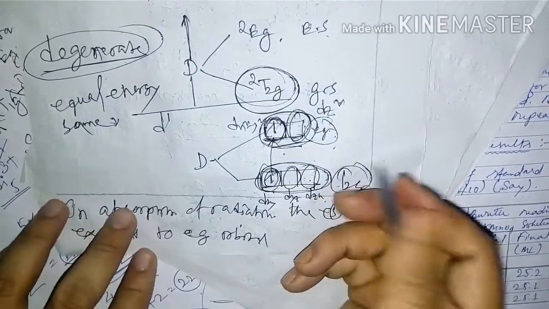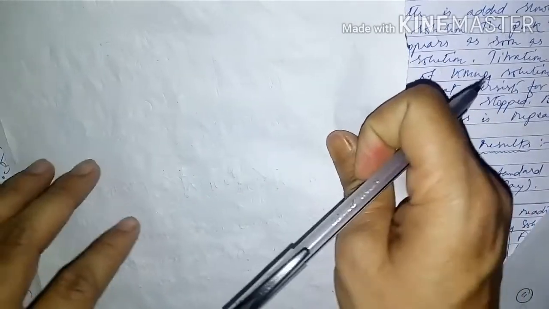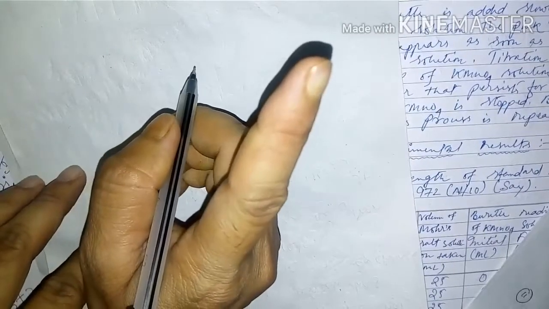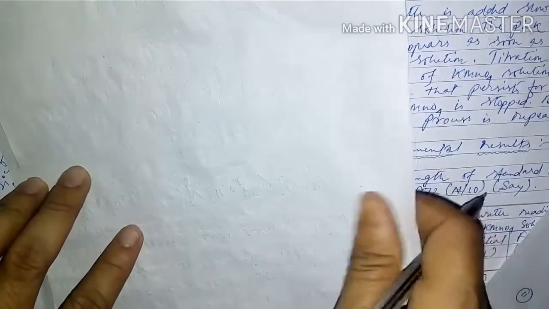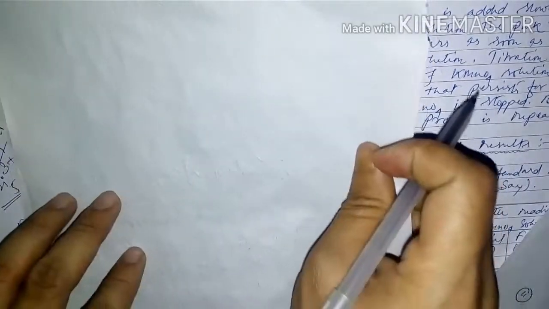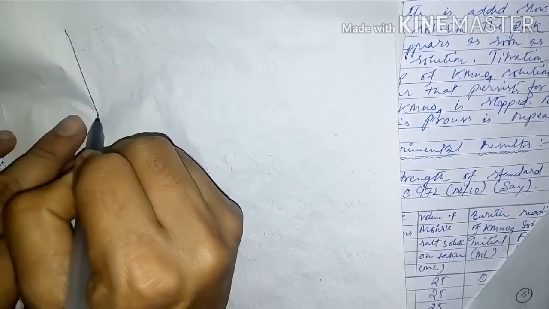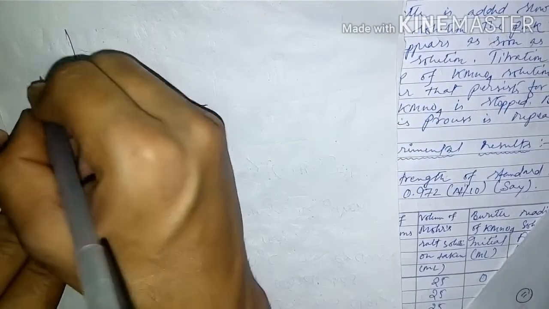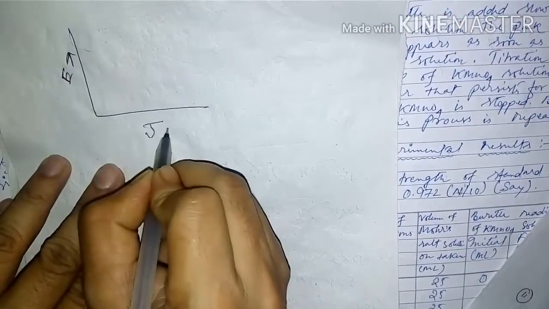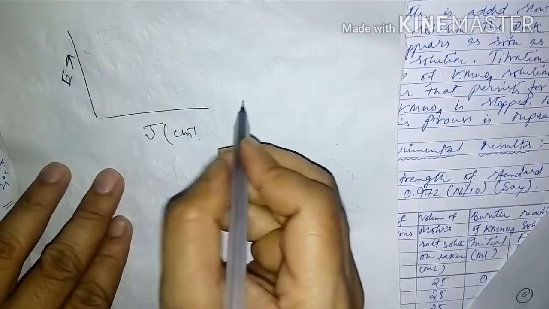Consequently, the absorption spectrum of d1 ions shows only one band. Suppose we draw a graph with energy on one axis and frequency in centimeter inverse on the other.